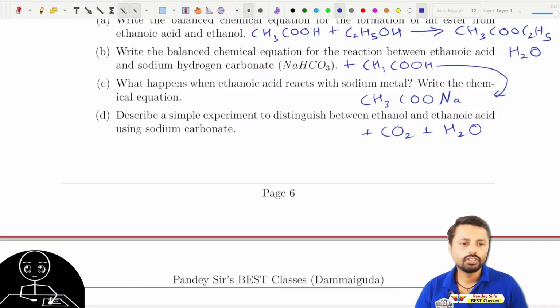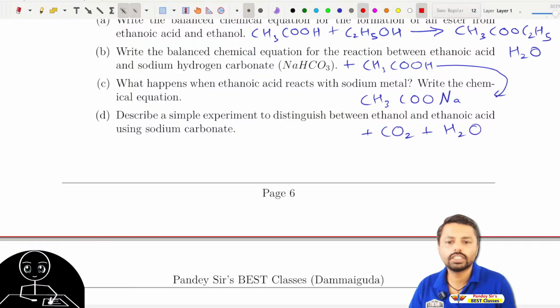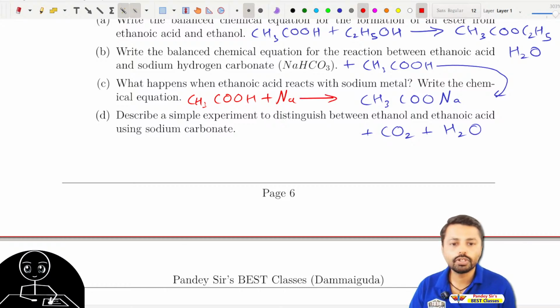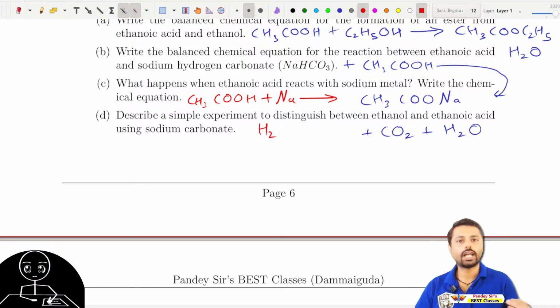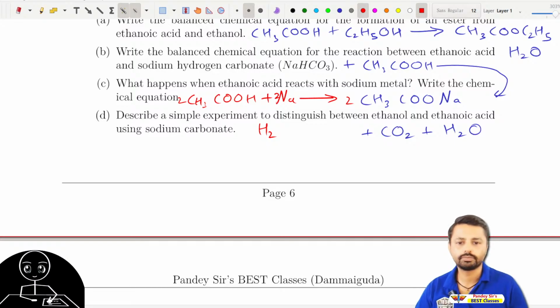The same thing will happen. Only the difference is in the product. So ethanoic acid is CH3COOH plus Na, that is sodium. So this will form sodium ethanoate, but the difference is that the other product will be H2. Hydrogen gas will get released or evolved. Obviously we have to take 2Na, and the acid also will be 2, and then only it will be balanced.